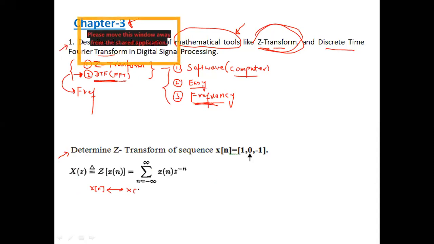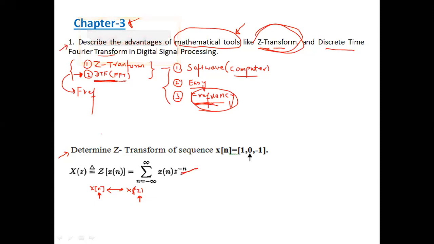Okay, n is the time variable, and z is a complex frequency variable. That's why we say it depends on frequency. So how are you going to transform your signal from x of n to X of z? This is the Z transform definition formula.